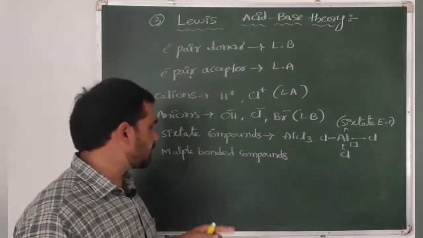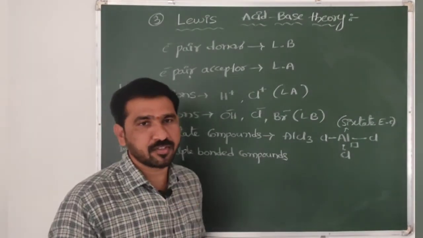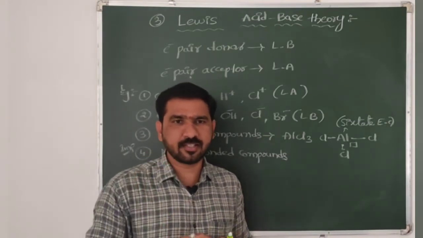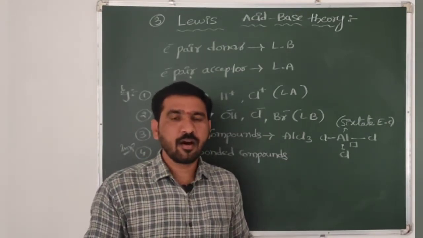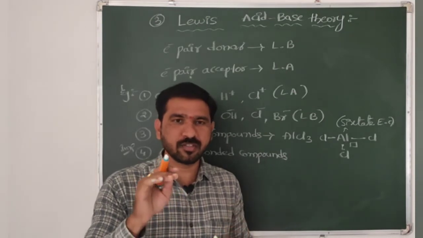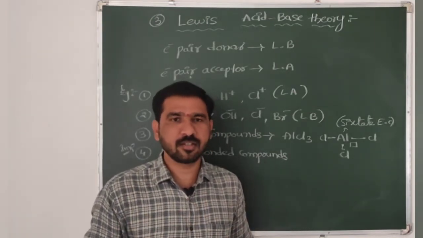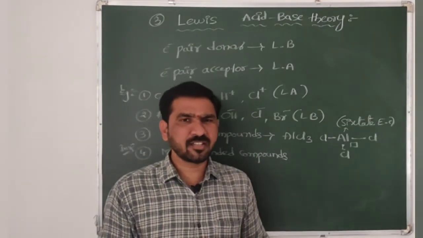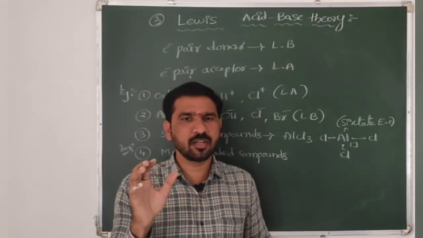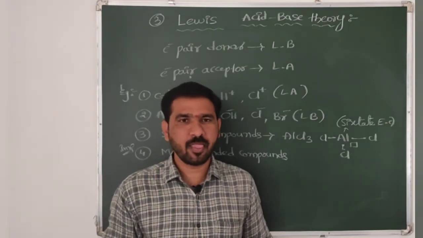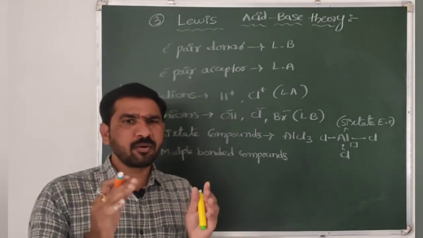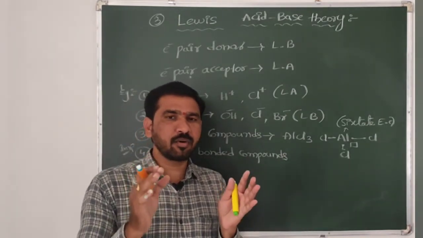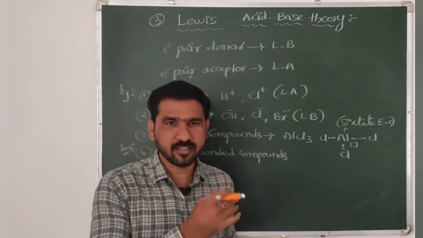Competitive level questions will come from this point because there is some confusion. The statement 'All multiple bonded compounds are Lewis acids' is wrong. 'All multiple bonded compounds are Lewis bases' is also wrong. 'Some multiple bonded compounds are Lewis acids, and some multiple bonded compounds are Lewis bases' is the right statement. Which type of multiple bonded compound acts as a Lewis acid, and which acts as a Lewis base? Let me discuss that.